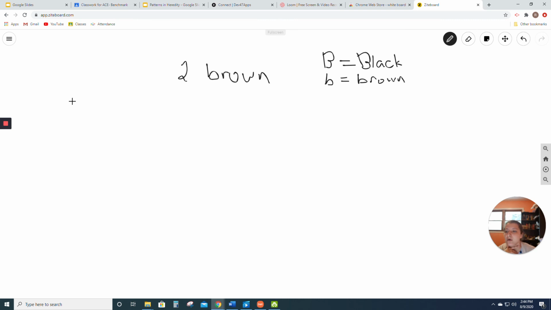So mom has to look like this, two lowercase, because if she had any sort of uppercase in there, she would be black. And dad, he's the same way. He's brown too. Okay, so let's show how to set up a Punnett square. Even though this one's going to be easy, like I said, I'd like to start you off easy.